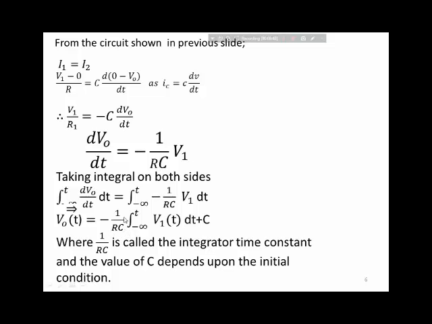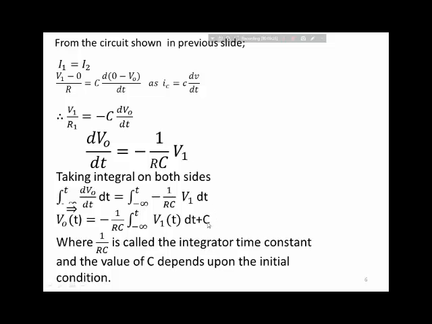So minus 1 over RC integral from minus infinity to t of V1(t) dt plus a constant of integration. You can see that the output is the integral of the input, where this constant of integration comes from the initial condition.